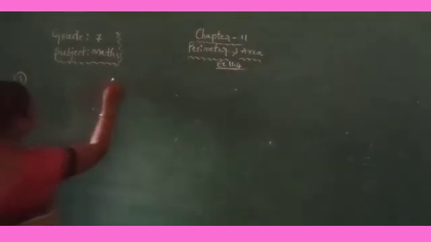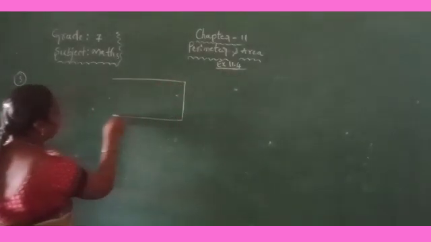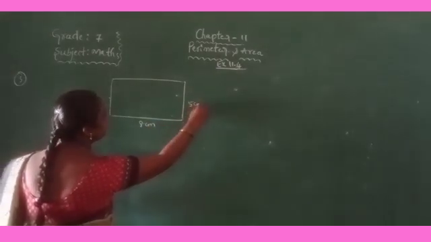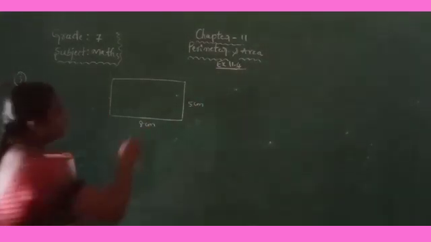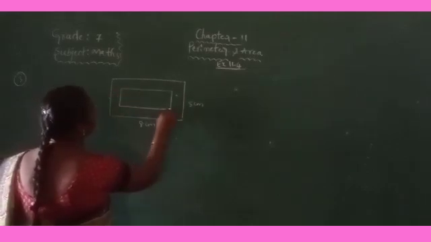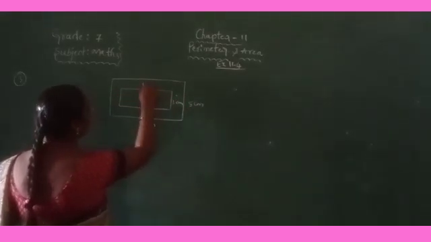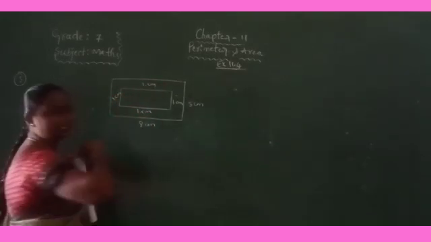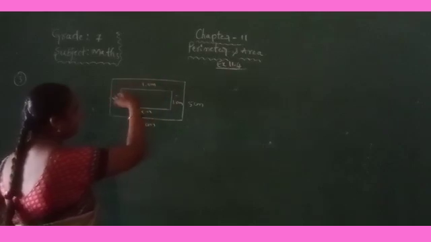So here the length of the cardboard is 8 centimeters and the width is 5 centimeters. Each side has a margin of 1.5 centimeters length given. Then find the area of this margin.